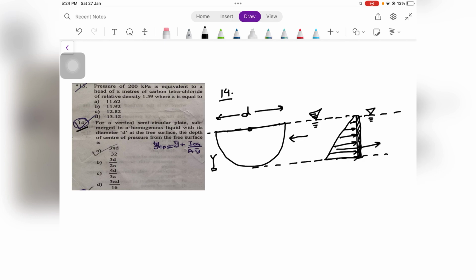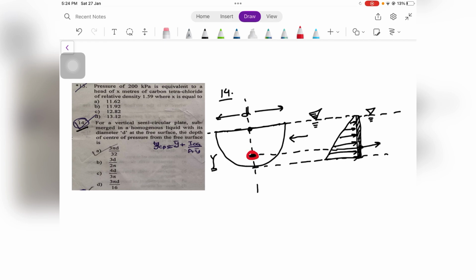And the resultant force due to that hydrostatic pressure must have a center somewhere on this plate, right? So let us assume that this is the point where all of the force is acting on this plate immersed in a liquid.